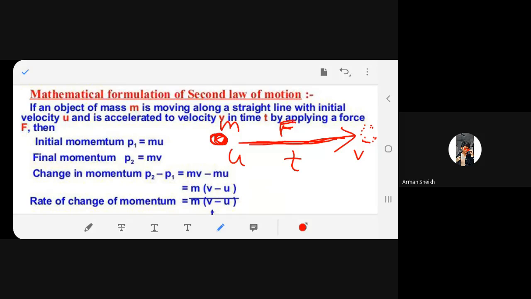So the initial momentum will be P1 is equal to mu. Why have we taken u? Because this is the initial velocity, right? And the final momentum will be with this v. P2 is equal to mv. Understood, all of you?